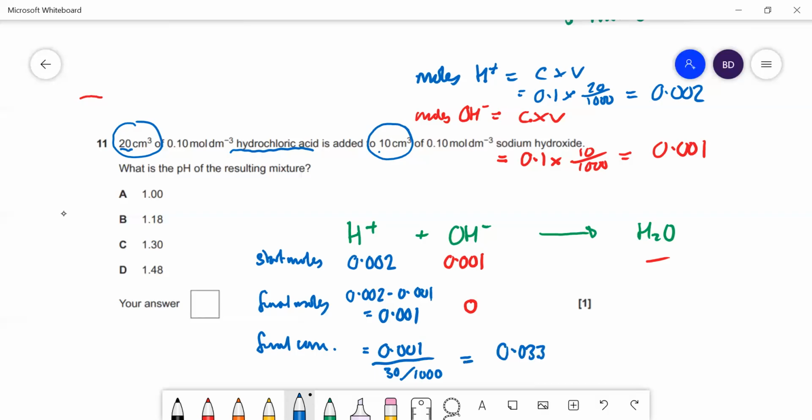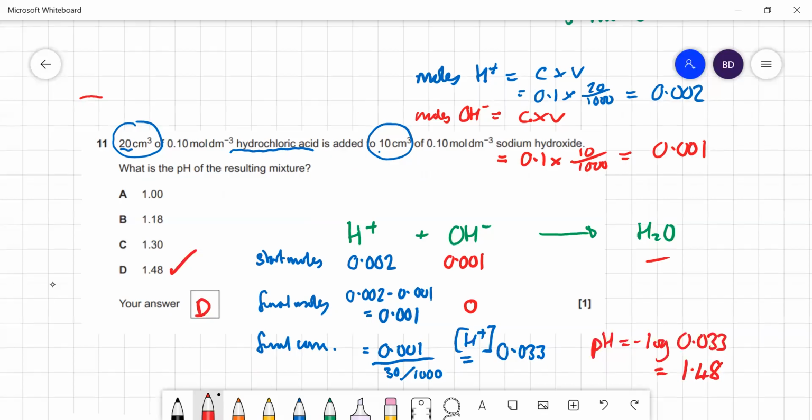So that's the hydrogen ion concentration. How do you find the pH from that? Take the minus log. Minus log 0.033 is equal to 1.48. So our answer is D. Again, quite a lot of work to do for 1 mark.